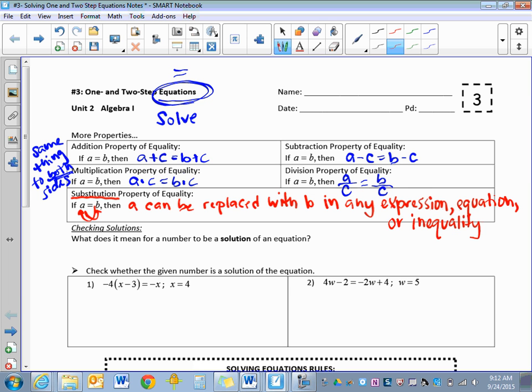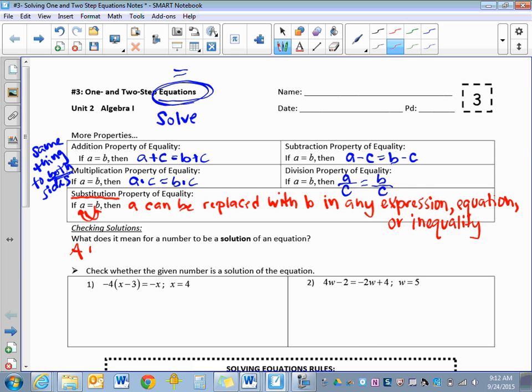Alright, so when we're solving our equations, we need to be checking our solution. When we solve an equation, we're going to get an answer in x equals, or y equals, depending on the variable. That answer is called a solution. And what does it mean for a number to be a solution of an equation?